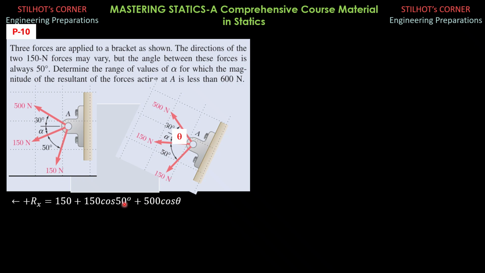Then Rx simplifying as 246.42 plus 500 cosine of theta. Take note that we treat Rx to the left positive. Anyway, when we compute for the magnitude, it does not matter.